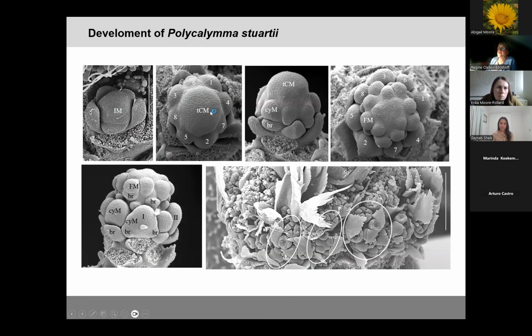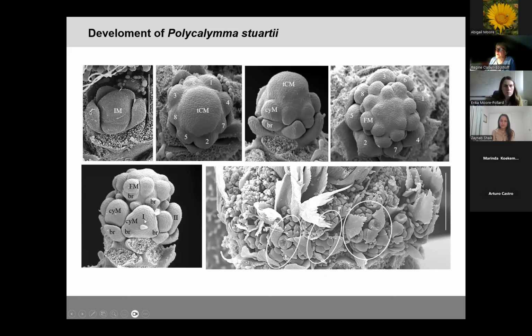Polycalymma starts with an inflorescence meristem. Very early, we have the terminal capitulum meristem, and in this case, 8 lateral cyme meristems. In this stage, you may argue that it looks very much like a floral unit meristem, but if you look at the lateral meristems, you see that these are cyme meristems, which continue branching.